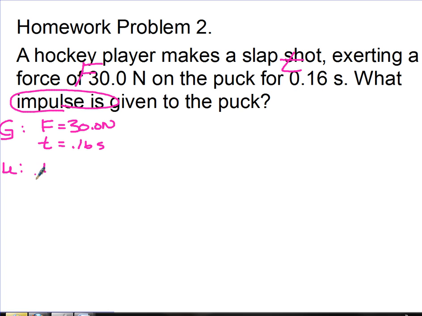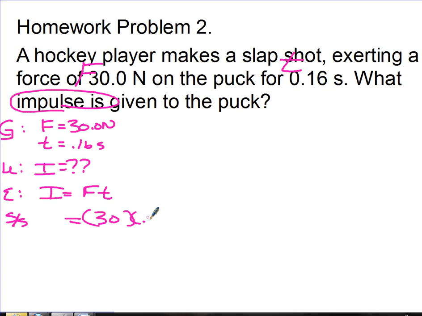I'm looking for the impulse. What equation am I going to use? Well, let's go to the definition. Impulse is Ft. So this is a straight plug-in. My solved solution is 30 newtons times 0.16 seconds, or 4.8 newton seconds.